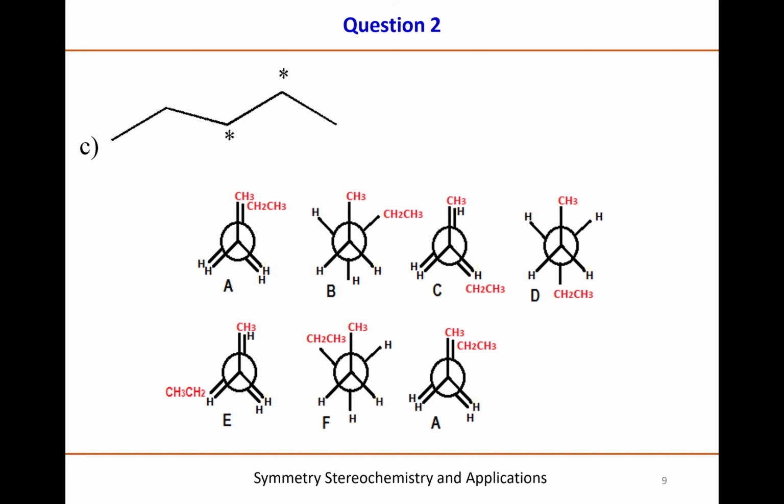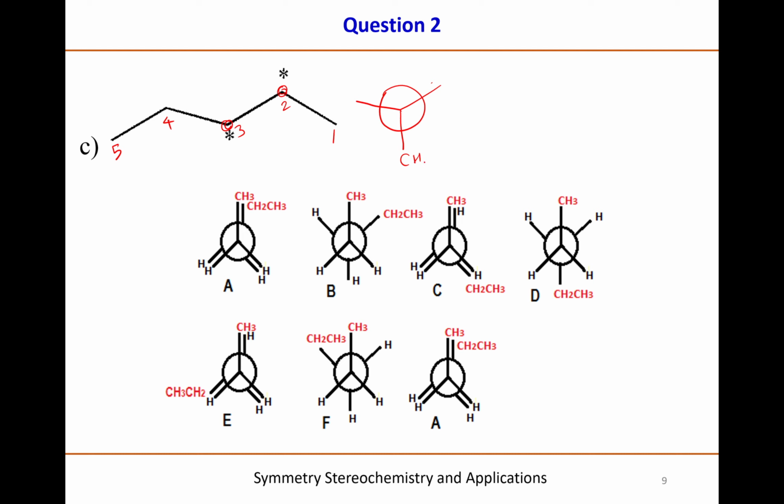Got it? Now next question. This is the pentane molecule, right? Pentane. 1, 2, 3, 4, 5. Here we have to consider these two carbon atoms. I will take this second carbon as a dot, then this is the third carbon at the backside.